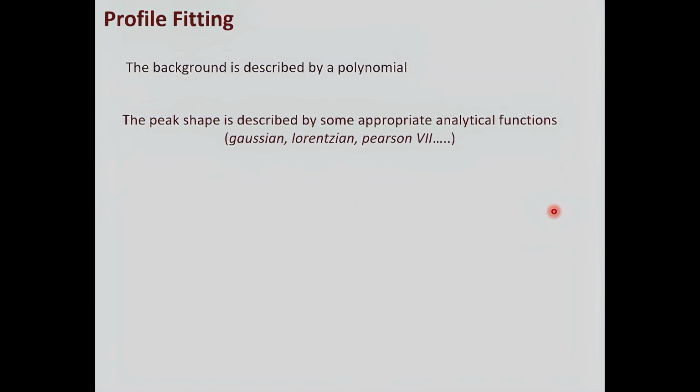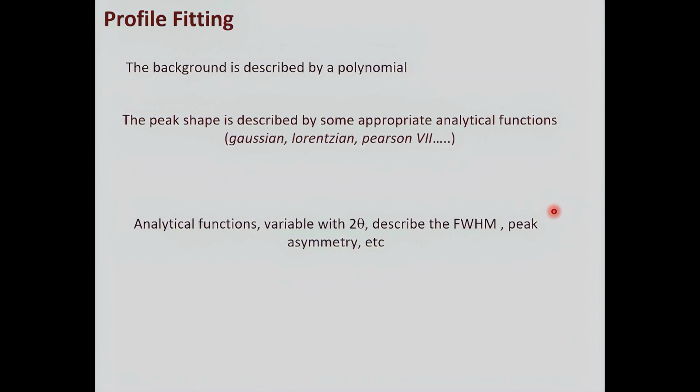Some information about what we use to describe the background. Generally, it is described by using a polynomial. For the shape function, we use different functions also. We can use Gaussian, Lorentzian, pseudo-Voigt.